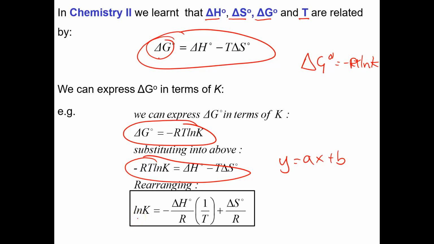Log K is equal to negative delta H on R multiplied by 1 on T, plus delta S on R. And so what does this mean? It means if we plot log K against 1 on T, we'll get a straight line.